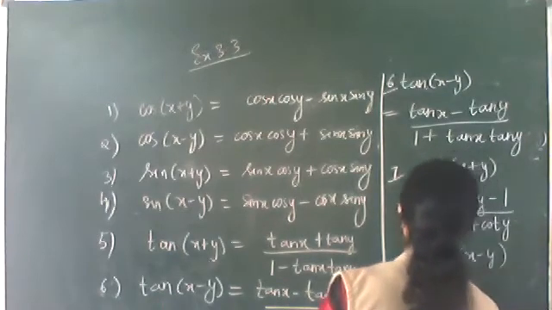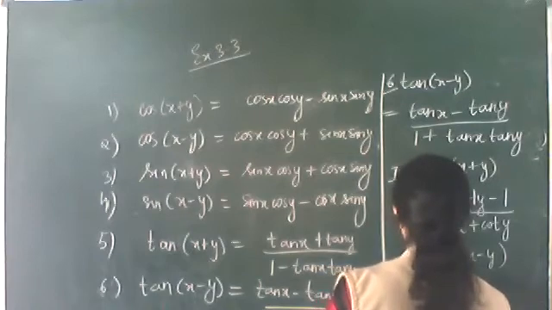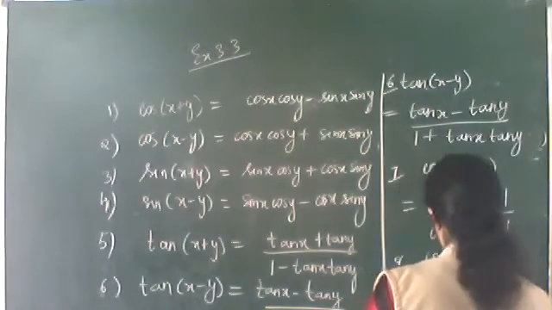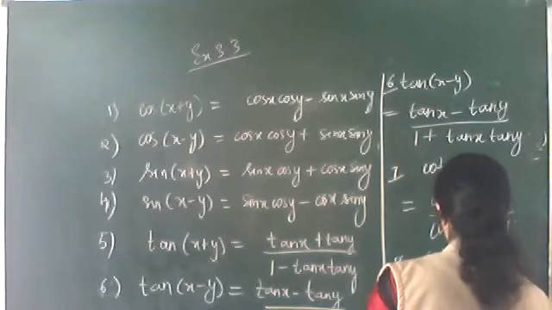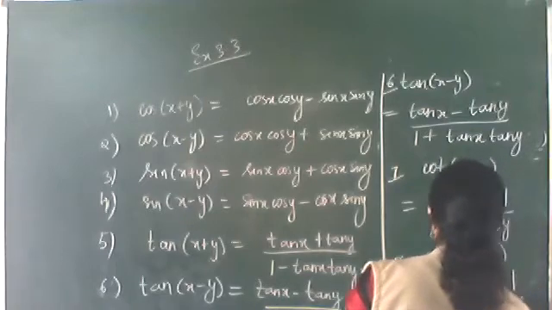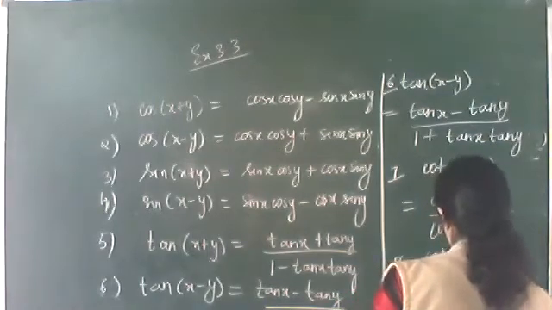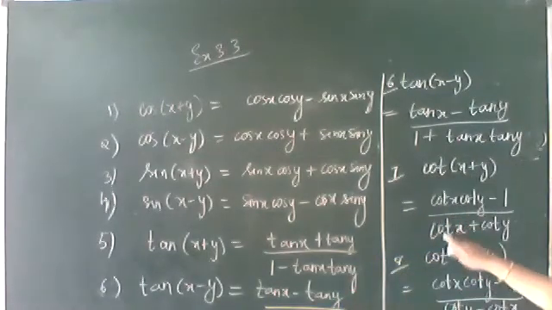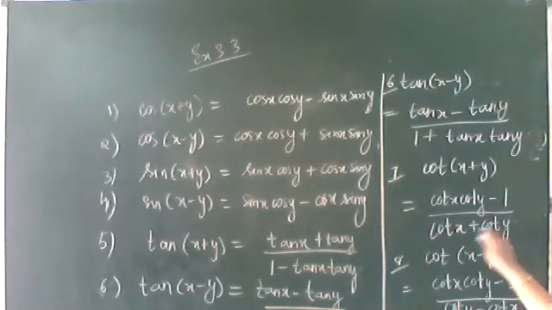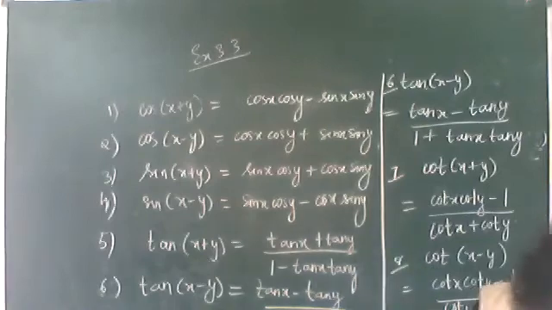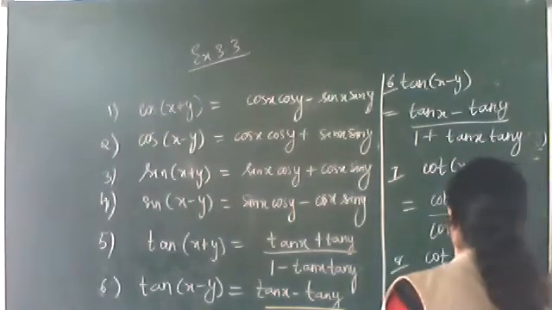It will have cot x cot y plus 1 upon cot y minus cot x. Here you just see, in cot x plus cot y you can write cot y plus cot x, but in cot of x minus y we are having cot y minus cot x. I think it is visible. If it is not, let me write it down again.